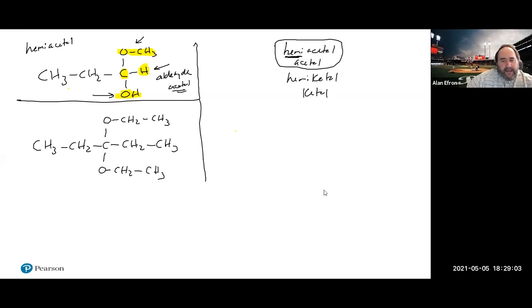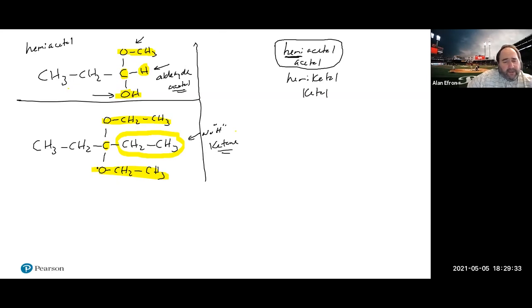Now, if we look at our bottom one, again, looking at the carbon that has all the stuff attached to it, we actually see two oxygen carbon groups. And when we look over here, no hydrogen attached to that carbon. The no hydrogen attached tells us that this guy originated as a ketone.